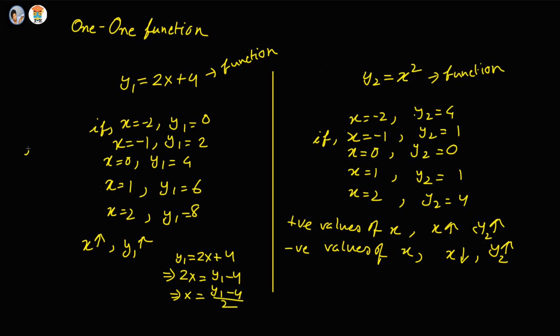Here we can see that if y1 equal to 0, x is equal to minus 2, y1 equal to 4, x equal to 0, y1 equal to minus 4, x is equal to minus 4.